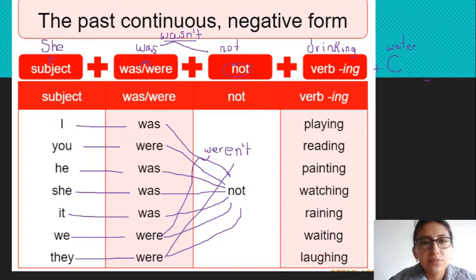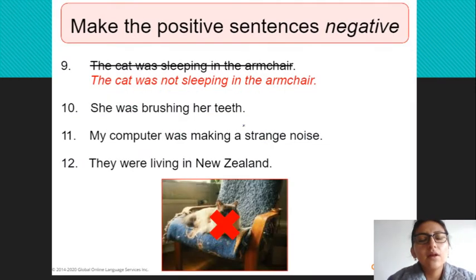Okay, let's see some examples. Now we're going to transform the positive sentences to negative. Number one, here you have: the cat was sleeping in the armchair. What is the meaning of armchair? Okay, armchair, mecedora.